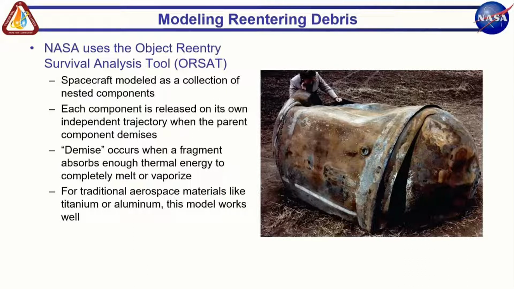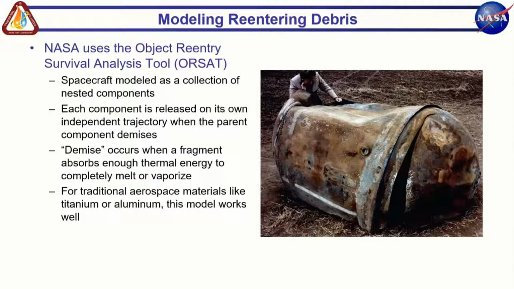Sometimes when a spacecraft comes in on an uncontrolled or even a targeted reentry, bits of the spacecraft may survive to the ground and pose a casualty risk to the general public.